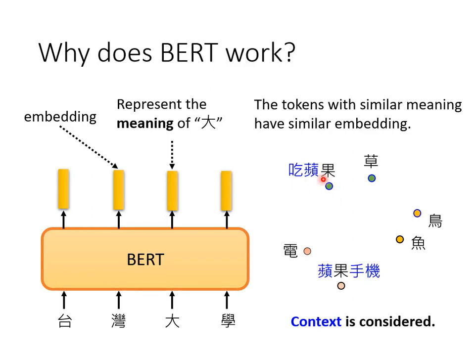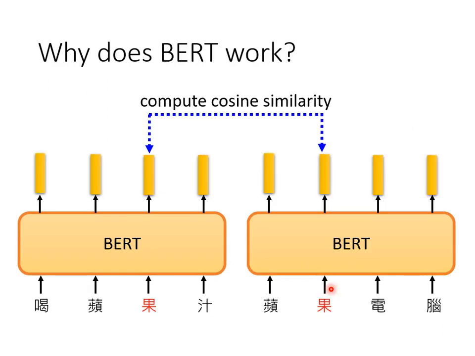The fruit, apple, and the mobile phone, apple, are both apple, but according to the context, their meanings are different. So, their vector and corresponding embedding will be very different. The fruit, apple, may be closer to grass. The mobile phone, apple, may be closer to electricity. Can BERT do this? This is just a silly example.